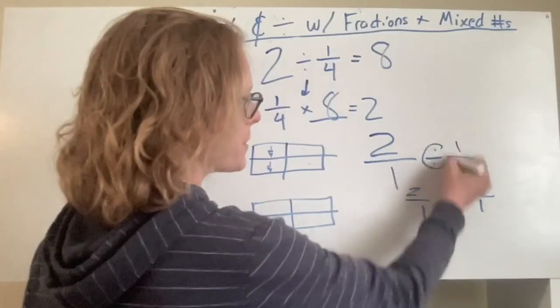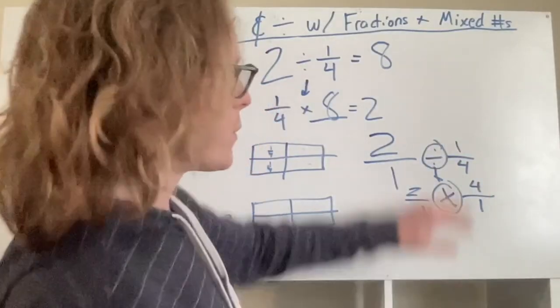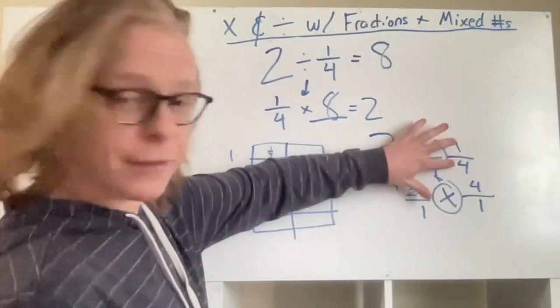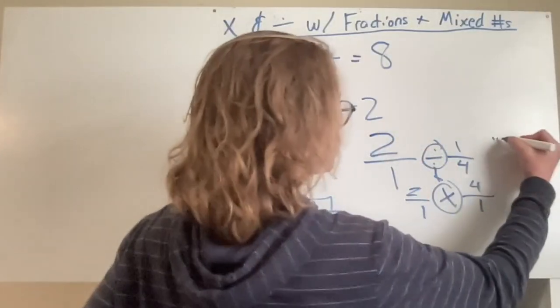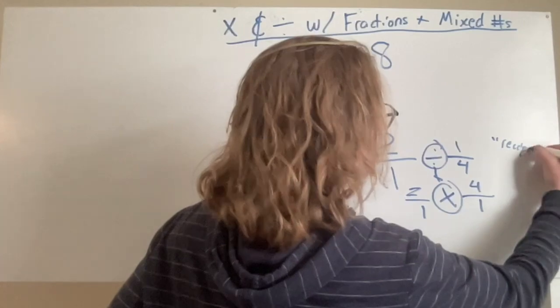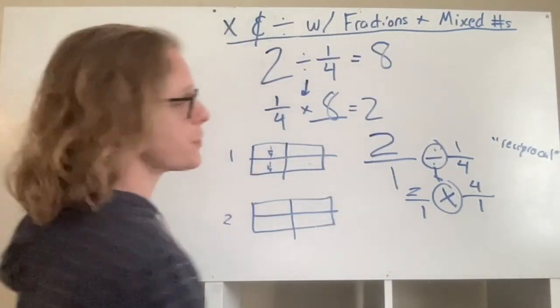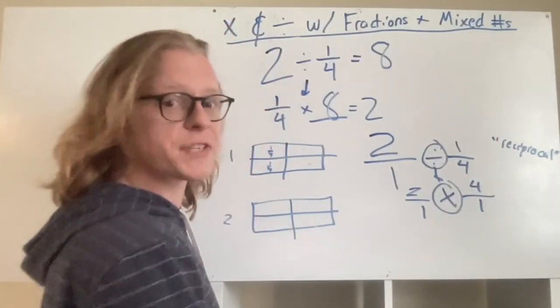Well, the division sign, we changed to a multiplication sign, and then we just swap the numerator and the denominator, the number on top, the number on bottom. We just flip them, okay? This is called a reciprocal. The reciprocal, okay? So 1/4 and 4/1 are reciprocals of one another.